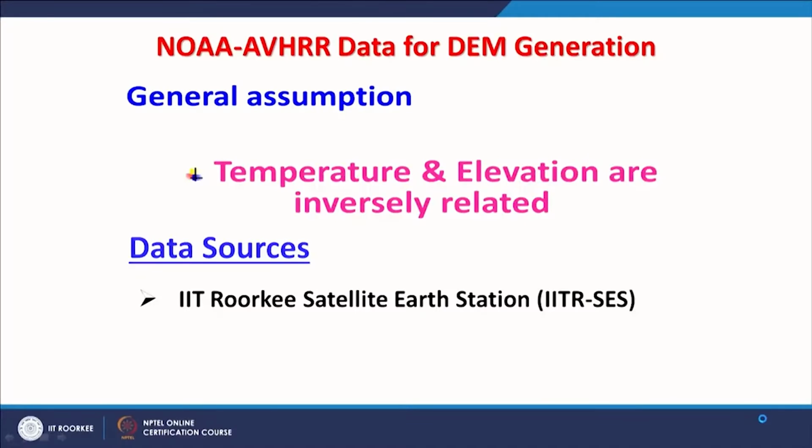Relatively coarse resolution thermal infrared data is available from NOAA AVHRR, where NOAA is the name of the satellite and AVHRR is Advanced Very High Resolution Radiometer. Though in name it is said to be high resolution, 30 years back that was definitely high resolution, but compared to the data available today it is not really high resolution.